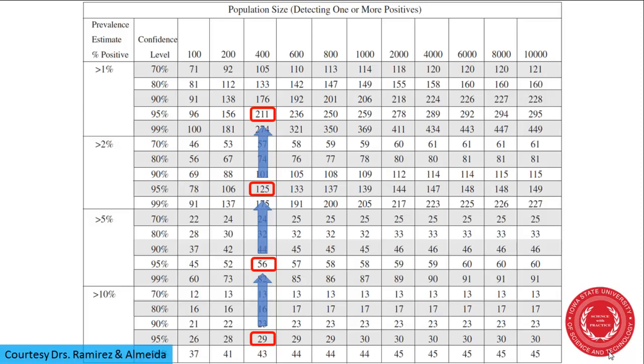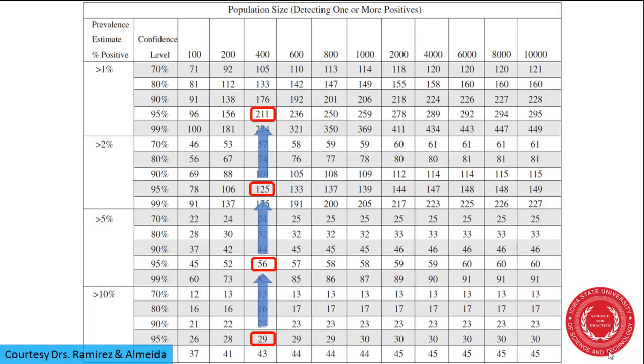As the prevalence decreases, of course, the number of samples that you require increases. You need over 100 samples to detect the virus at 2%, and over 200 samples to detect the virus at 1% level.